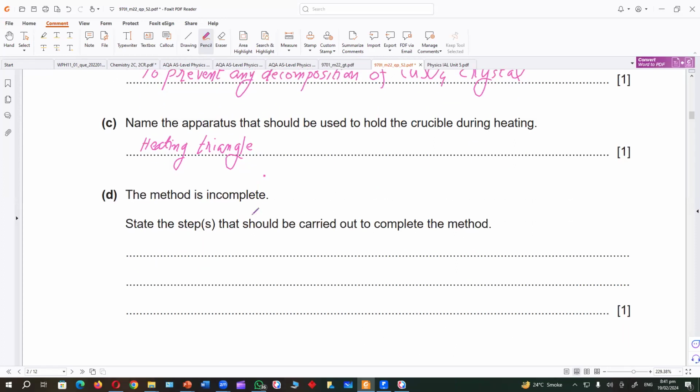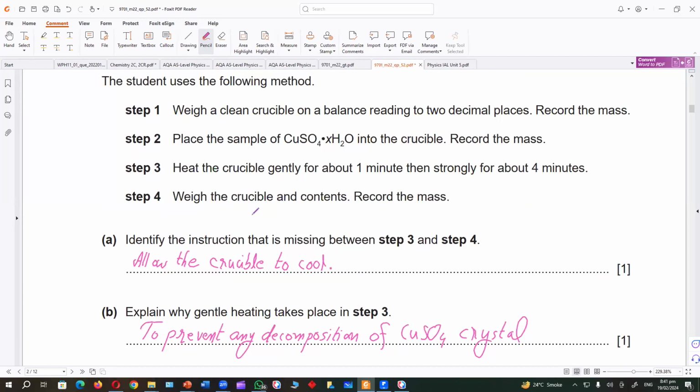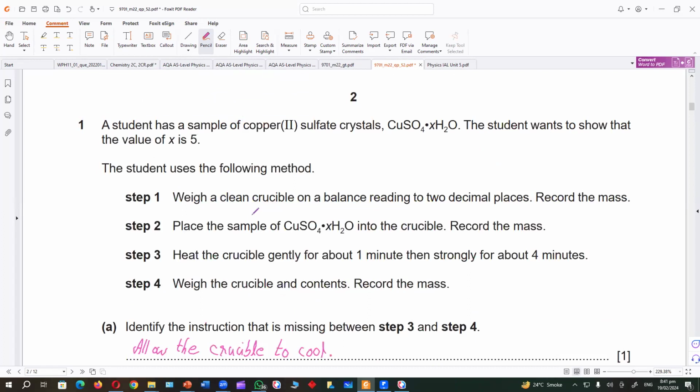The method is incomplete. State the steps that should be carried out to complete the method. What's missing here? Weigh the crucible and contents, record the mass. The student wants to show that the value of x is 5. So the student has weighed it in the start and after heating.